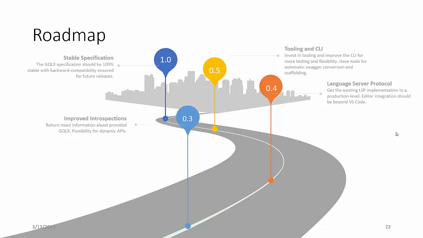And if so, of course, to improve what we can do with our introspections, to improve our editing experience in VS Code mainly, but via the language server protocol in other editors as well. To invest more in tooling. Here we of course have a start, but it's almost always just tailored for our needs. Let's see what the community thinks, and let's invest here.